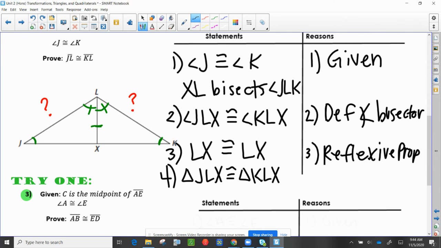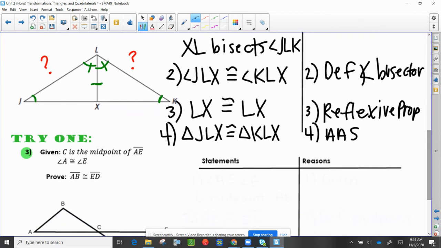And remember, the order does matter on your congruent statements, so make sure you order it in the right way. And the way we can prove that is because we had an angle and a side. So since we now have our triangles congruent, we can get to that prove statement, which is JL is actually congruent to KL because corresponding parts of congruent triangles are congruent.